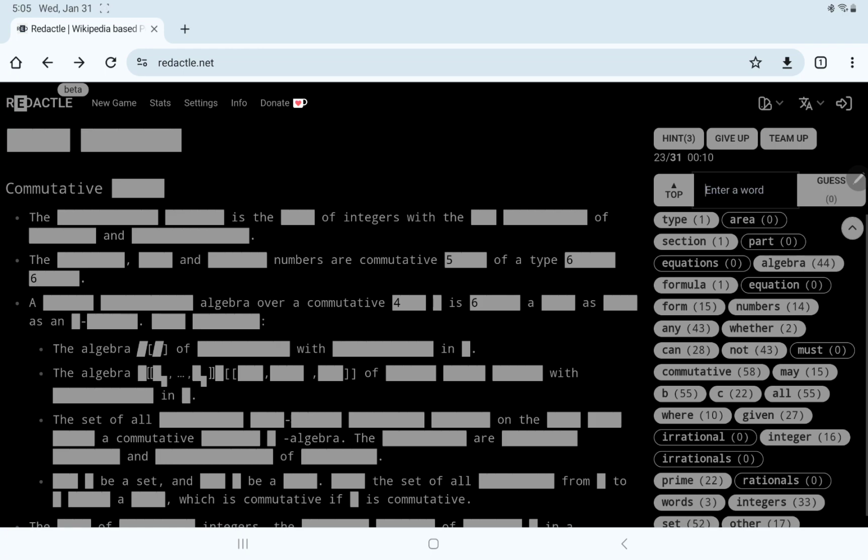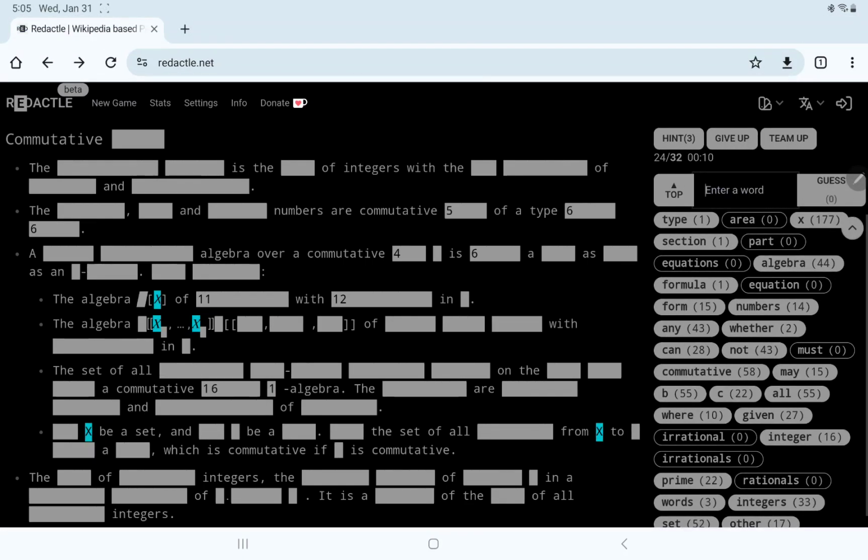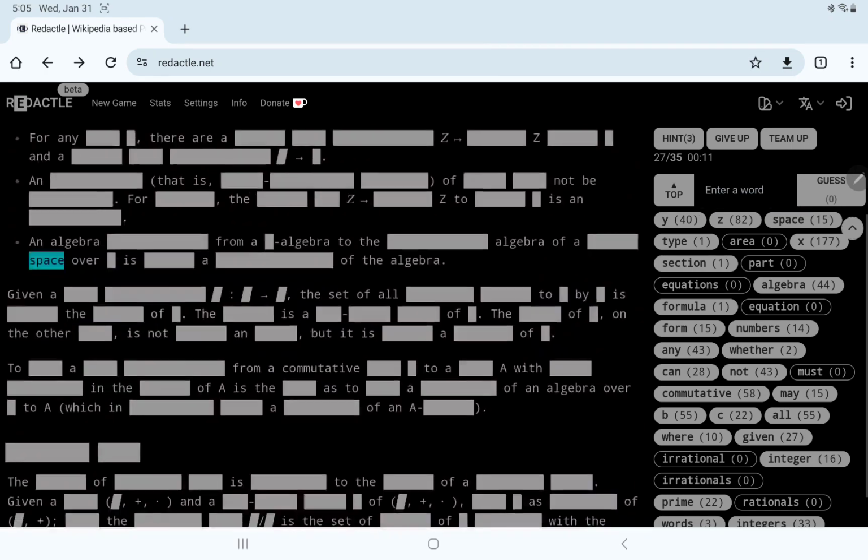Let's try area. No, nothing to do with areas. A commutative 1, 6. How about X? Y, Z. How about a space? 15 spaces.